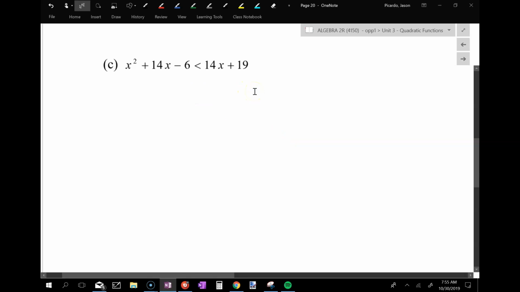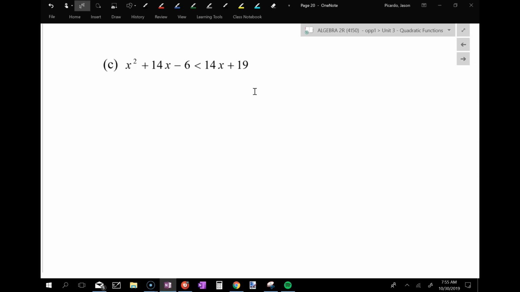All right, let's do this one. X squared plus 14x minus 6x less than blah, blah, blah, blah. What do we got to do first? Move everything to one side, right?